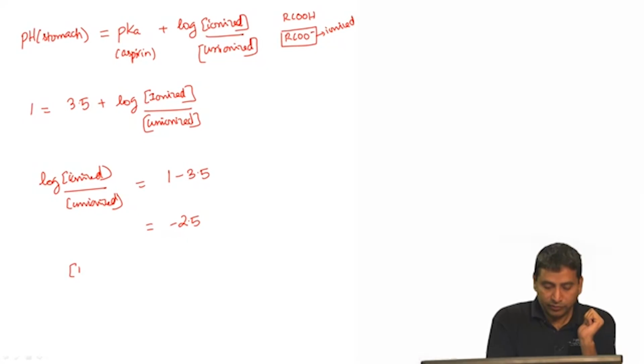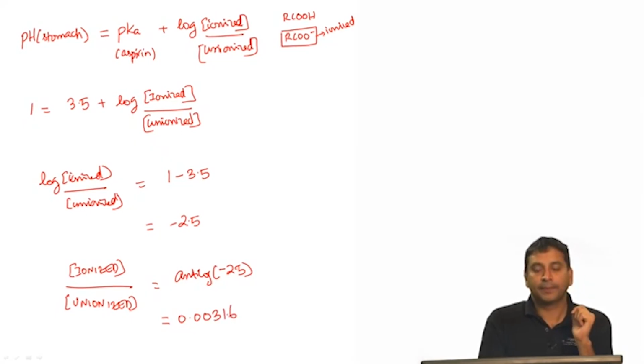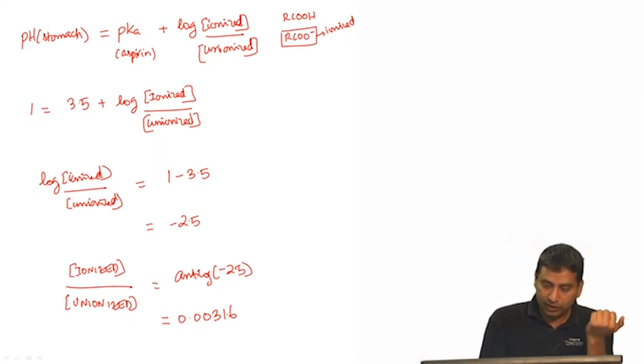So, the ratio of ionized by unionized would be the antilog of minus 2.5, and this value turns out to be 0.00316.